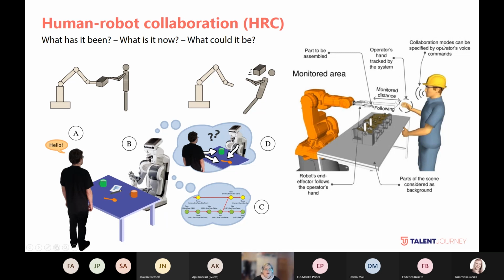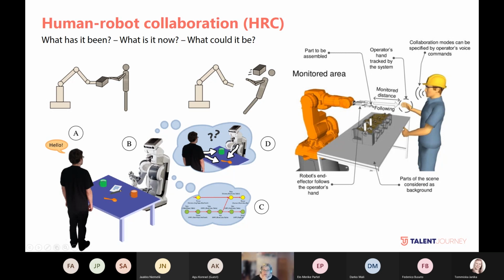The collaboration modes can be specified by the operator's voice commands. This is quite a new thing here. The parts of the scene considered as the background, and then the parts to be assembled, are here. So these two really can work together, because the robot always knows how to act if the human comes to the same working area.